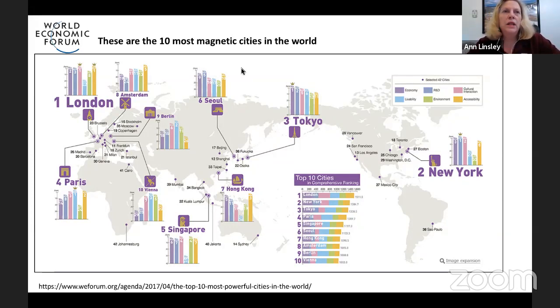And so in this particular one, London, New York, Tokyo, Paris, and Singapore are your top 5. I don't know if you can read the white that's in that graph. It's kind of hard. But anyway, we start to see a common thread: Tokyo, Hong Kong, Singapore, London, New York. Those are your global cities, okay?